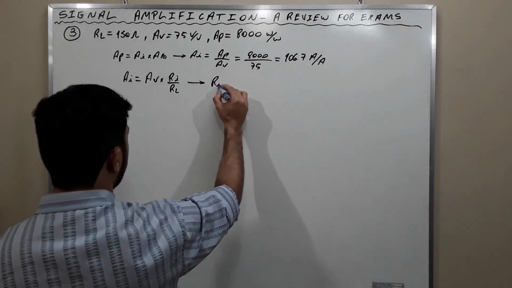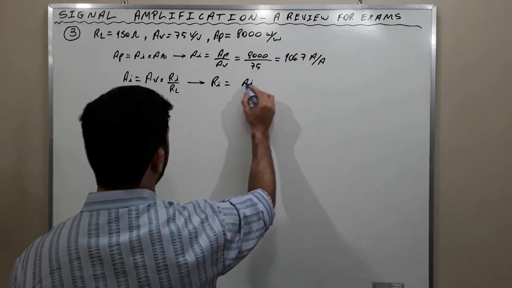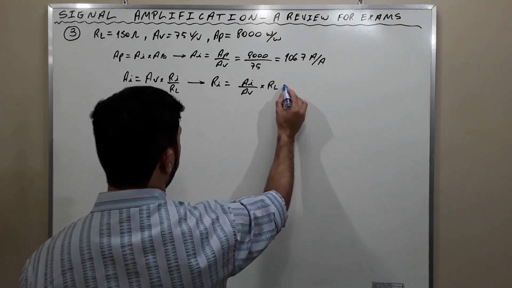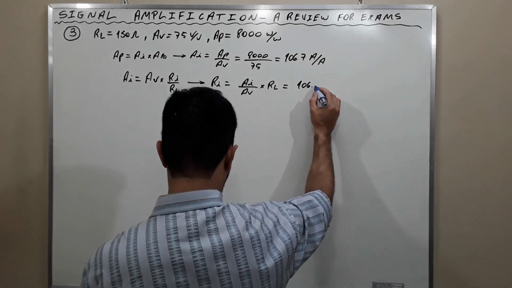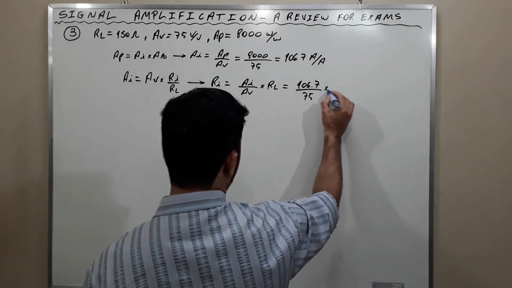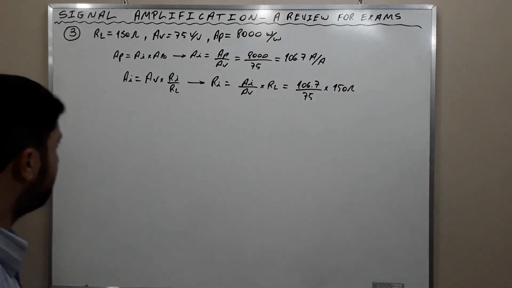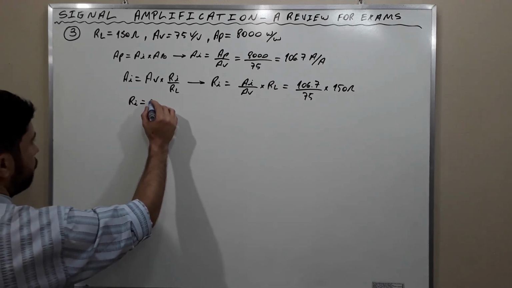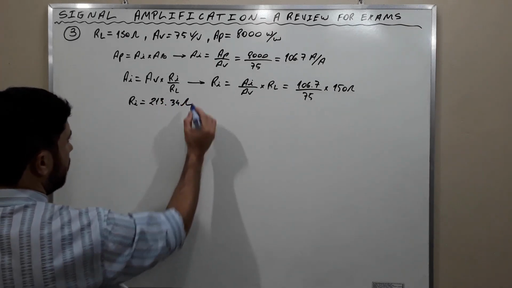RI is equal to AI over AV times RL, and substituting 106.7 over 75 times 150 ohms, we find an input resistance of 213.34 ohms.